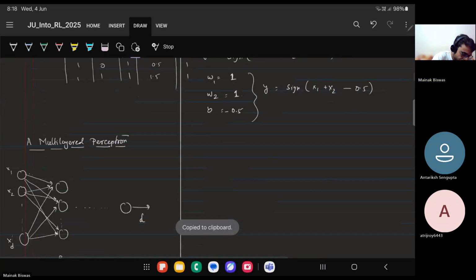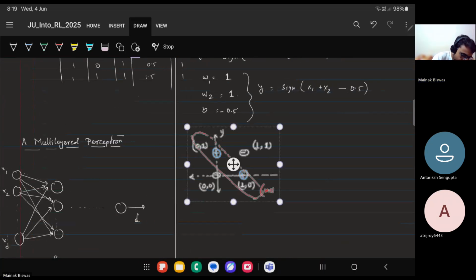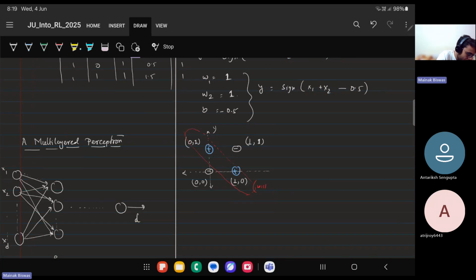Now let us look at this in a more systematic manner. If I can take two decision boundaries, the idea is a conjunction of two decision boundaries.